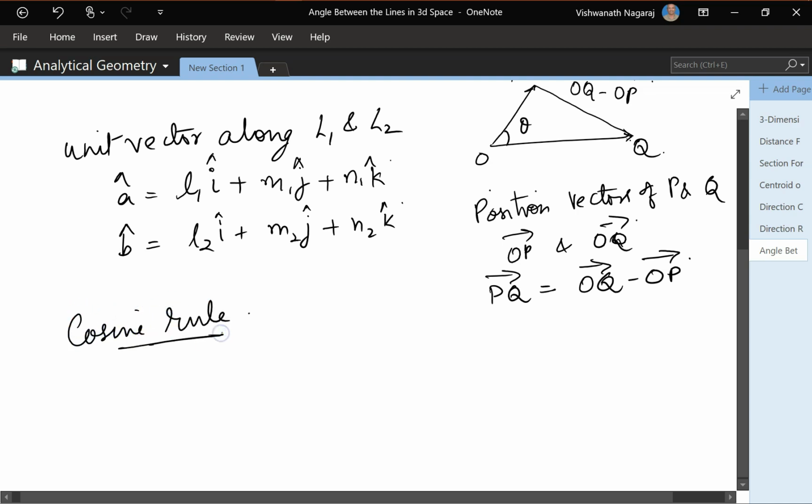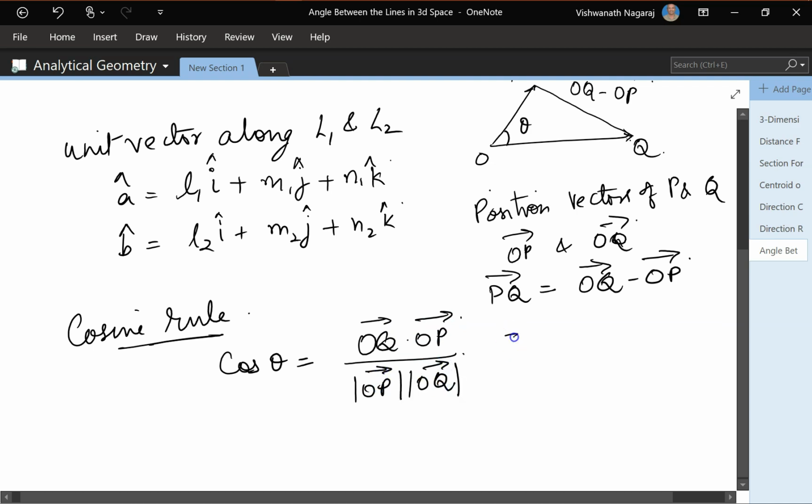Now what does the cosine rule say? Cos theta is equal to OP dot OQ divided by the magnitude of OP times the magnitude of OQ, and here remember the magnitude of OP is not equal to 0 and the magnitude of OQ is not equal to 0.